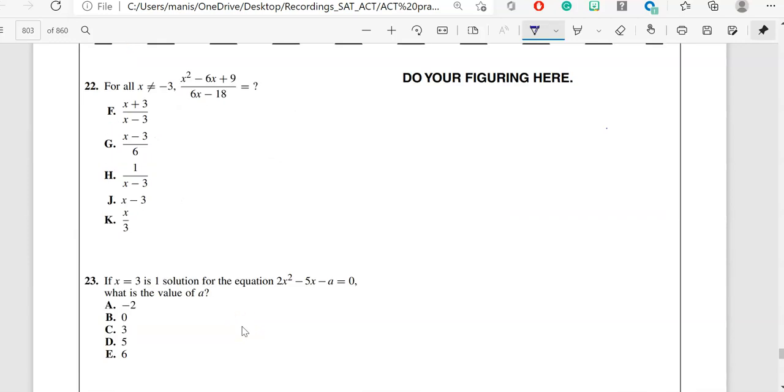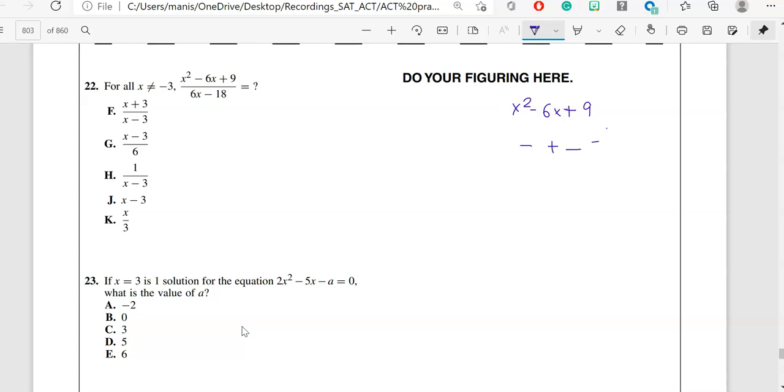For all x not equal to negative 3, x square minus 6x plus 9 divided by 6x minus 18 is equal to what? First of all, I will factor my numerator as well as denominator. For my numerator, I have been given x square minus 6x plus 9. How do I factor this?